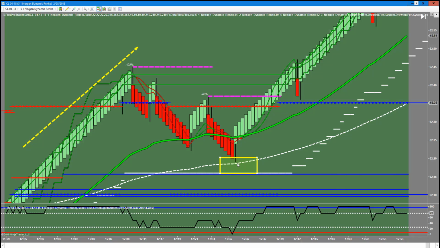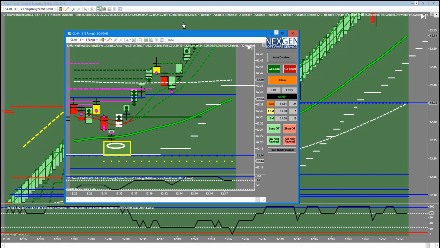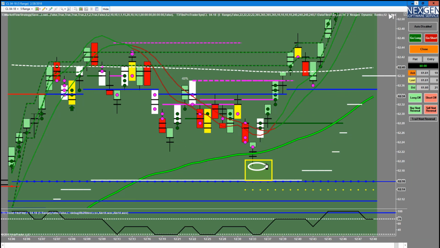You'll see that this area right here was the last area of support before we made a down bar. So this is the spot where we would take our market flow chart. And again, the same areas are superimposed on the fibs, 14.2 reversal bar marker.